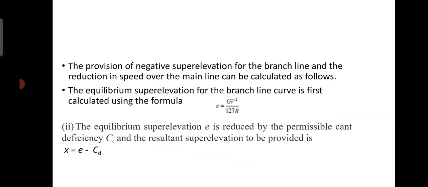The provision of negative super elevation for the branch line and the reduction in speed over the main line can be calculated as follows. We know the formula, super elevation is equal to GV² by 127R. So the super elevation required for the branch line is calculated by this formula. Then the super elevation e is reduced by the permissible cant deficiency CD, and the resultant super elevation to be provided in the branch line is X, which is equal to the actual equilibrium super elevation e minus cant deficiency CD.